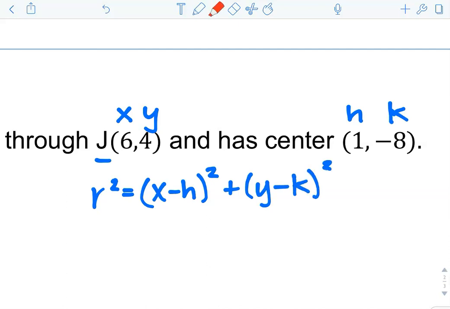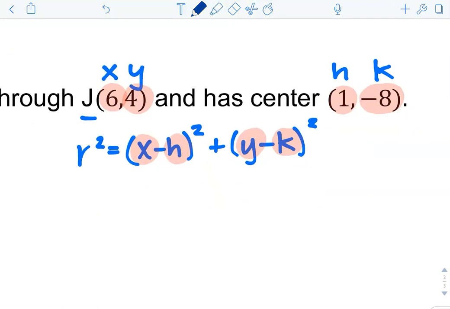I have an x of 6, that would go here, a y of 4, that would go here, an h of 1 would go here, and a k of -8 would go here. So they're giving me everything in my equation except for my radius squared. So that means I can plug everything in and then solve for my radius and then write my equation after that.